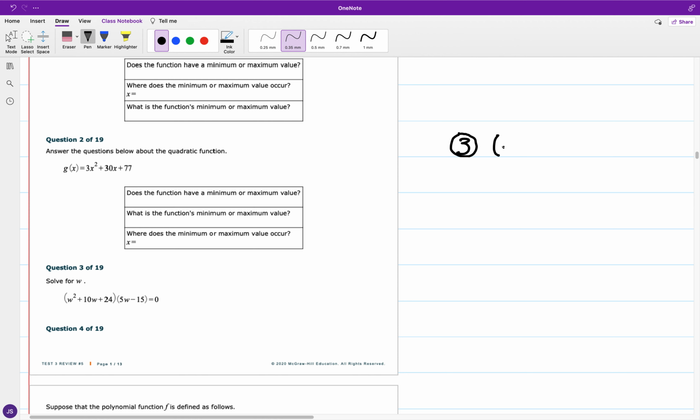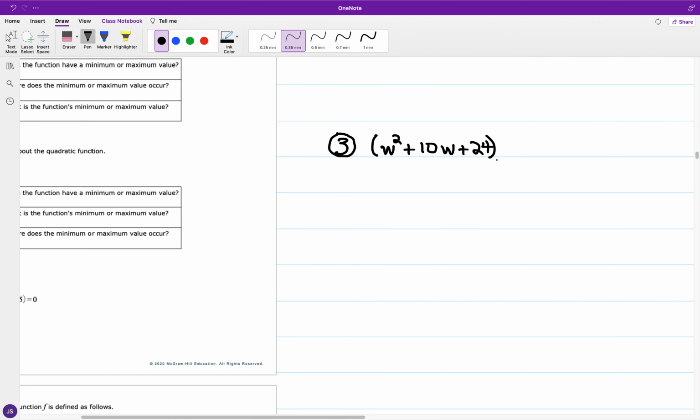Here we have w squared plus 10w plus 24, times the quantity 5w minus 15, is equal to 0.